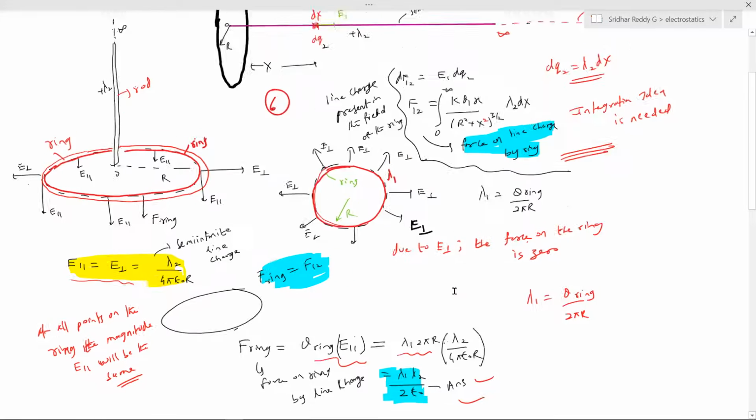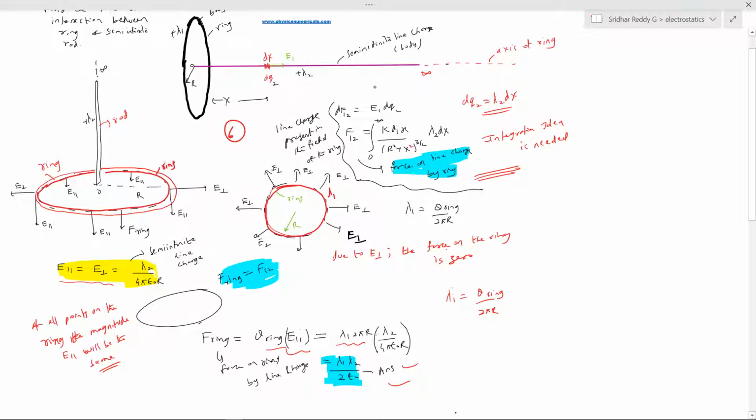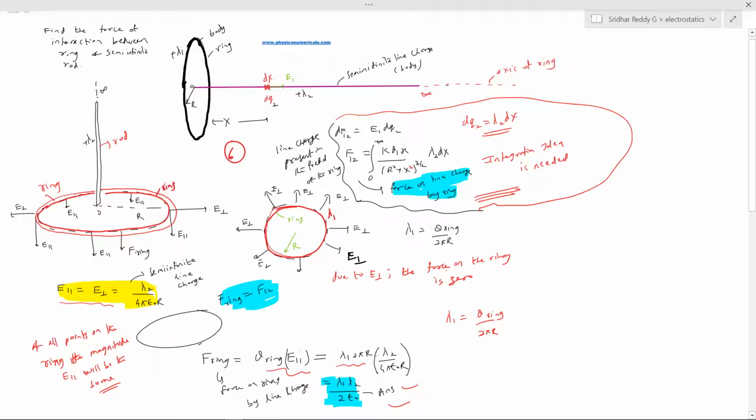There are two approaches. One, the mathematics by using the integration. The other is by assuming the ring in the field of line charge. So here, what is the first approach? The first approach is we are assuming line charge present in the field of the ring. This is this one. What about here? The ring is present in the field of line charge.